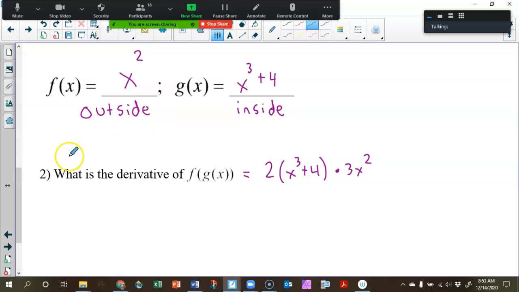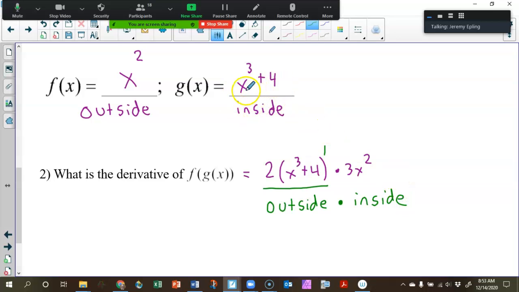Well, you all notice the pattern. We just took the derivative of the outside function. The derivative of something squared, 2 times something to the first power, times the derivative of our inside function.